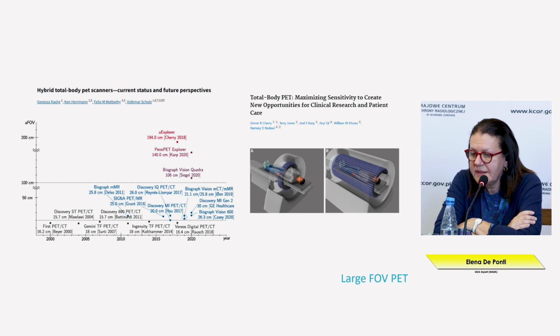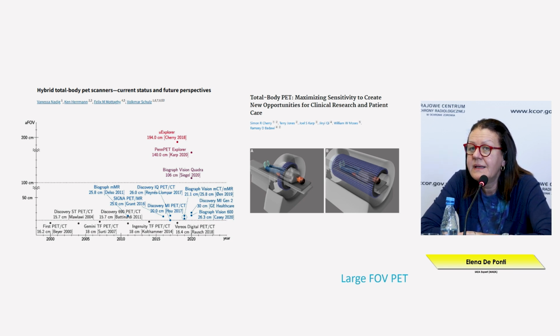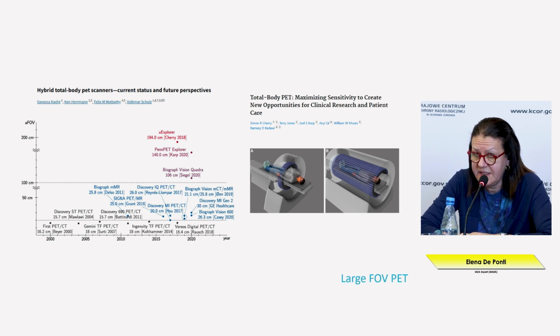And the most important parameter that is associated with this increase in axial field of view is the sensitivity. So we are moving from the very first PET CT scanner that had sensitivity below 10, and now we have total body scanners that have sensitivity of almost 100.